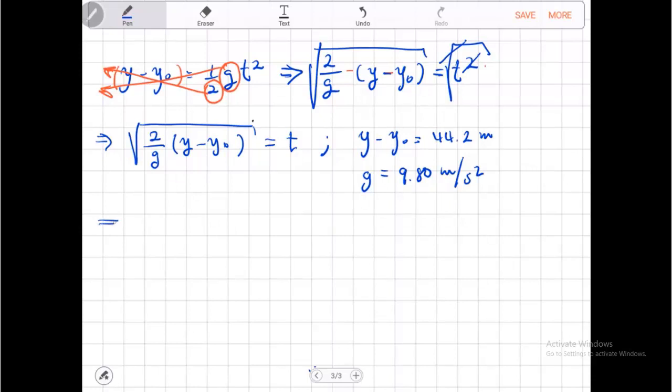We replace these terms into the equation, and we have t equal to the square root of 2 divided by 9.80 meters per second squared, multiplying y minus y0, which is 44.2 meters.